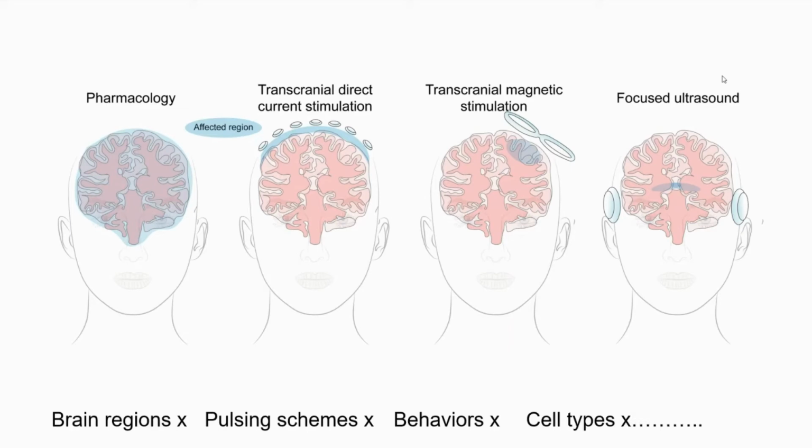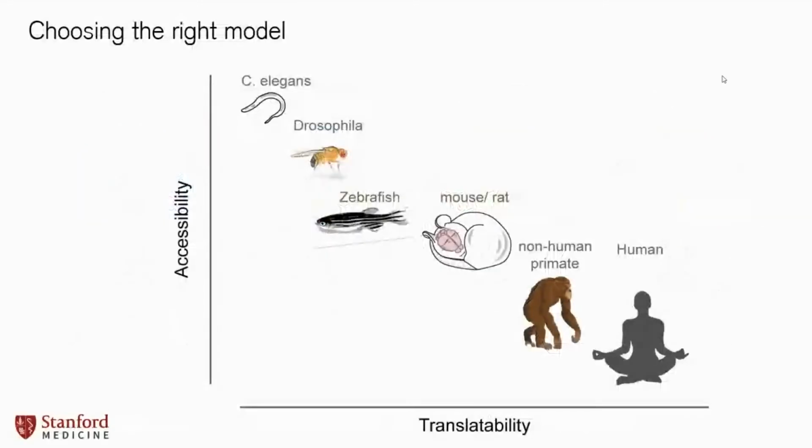And this sort of combinatorial matrix goes on. And it's daunting. It's like, if I wanted to do that in humans, like how would I even begin to address all of these questions? And that's where choosing animal models to sort of preface the human applications becomes really important.